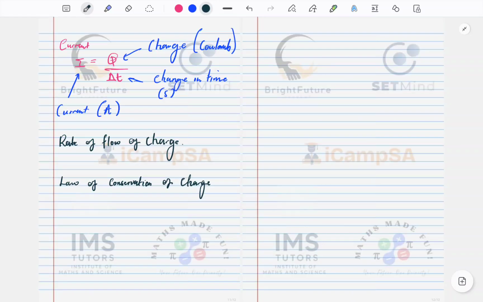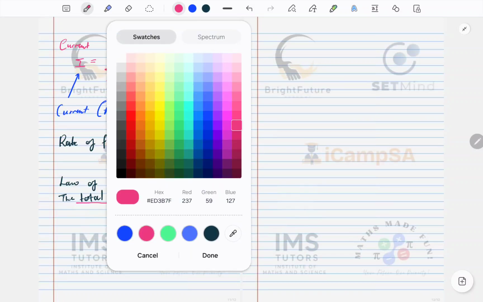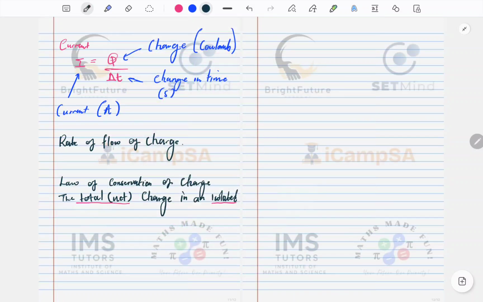Okay, so the total or net charge in an isolated system, please do not forget keywords. Okay, these keywords, because if they are not there, then they might mark you wrong. In an isolated system, remain constant.